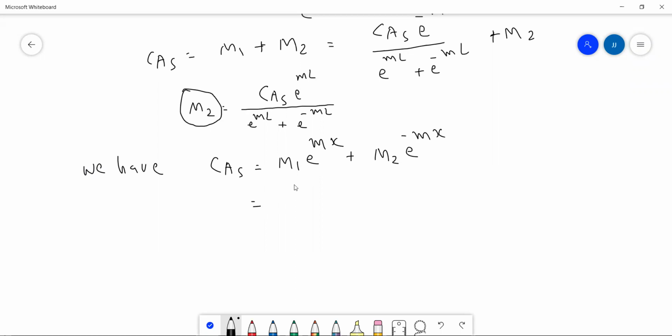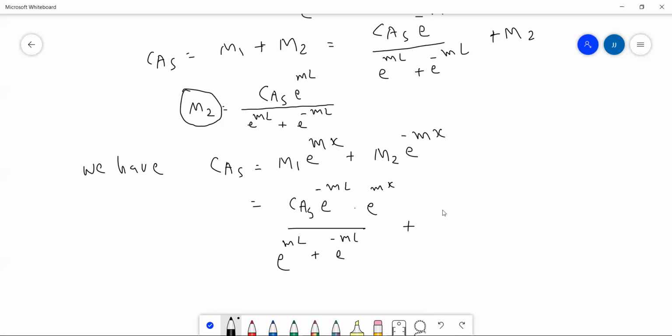So we obtain m1 as CAS e raised to minus ml divided by e raised to ml plus e raised to minus ml. This is the value of m1 into this e raised to mx, plus m2.